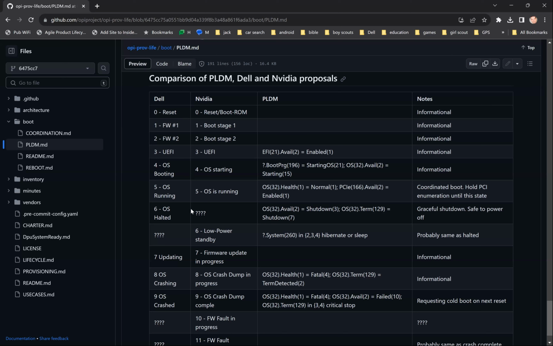One thing I called out is that halted doesn't sound like the same thing as low power. They probably are used the same, and probably mean the same thing, but it was a significant enough difference in title that I didn't say they were the same.